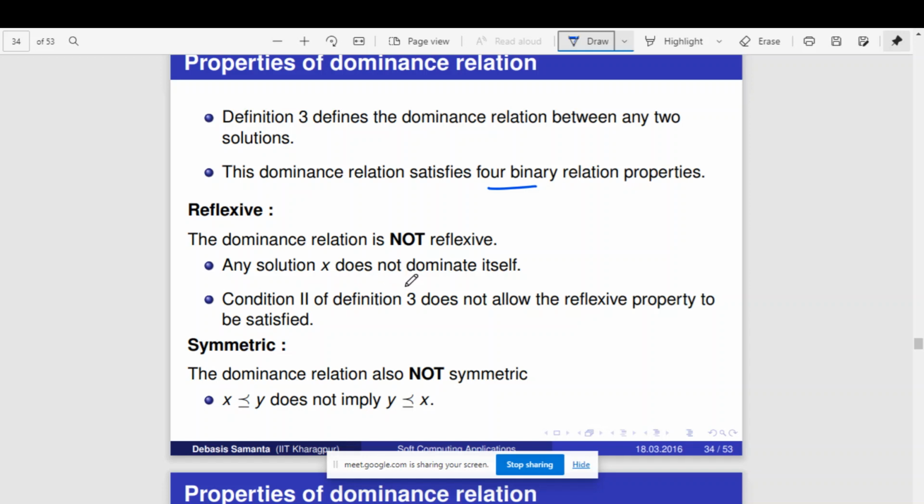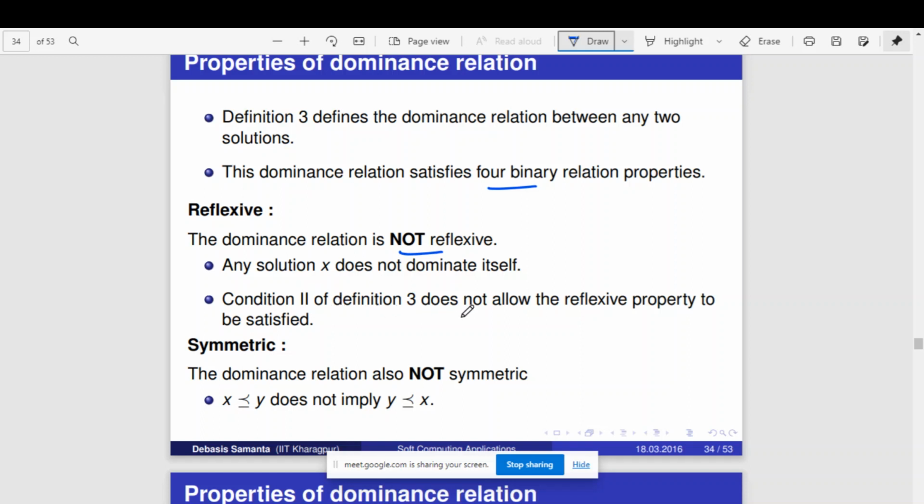Reflexive means it is applicable to itself. You cannot say that x1 dominates x1 itself. x1 is equal to x1, so you can say that x1 is no worse than x1, but you cannot say that x1 is dominating x1. So it is not reflexive.